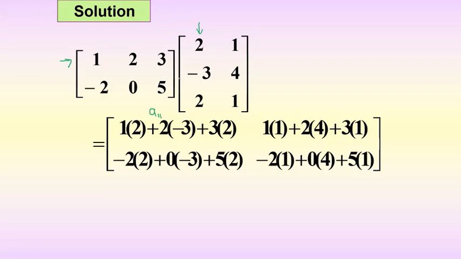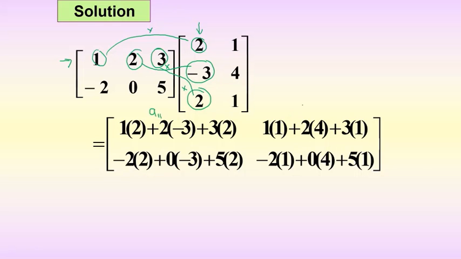You have to apply the dot product: 1 times 2, plus 2 times 3, and then plus 3 times 2 here. You have all the multiplications and then just total up, so you can get the first entry for the new matrix.